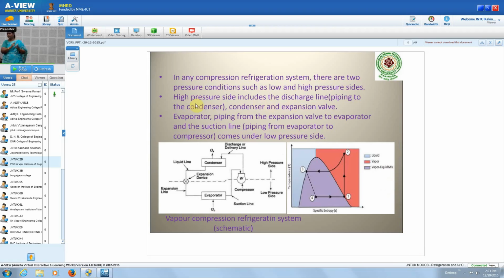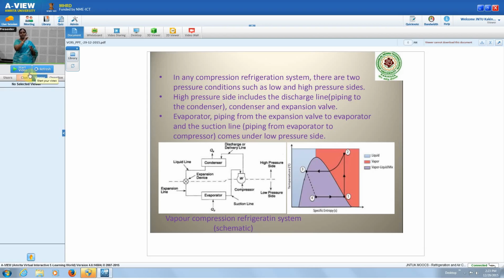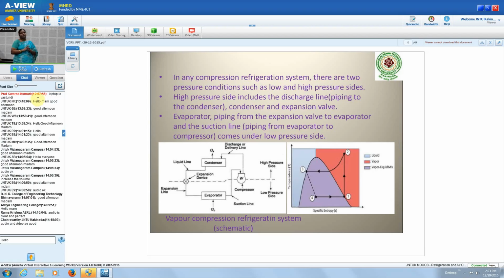So wet compression means that 1 to 2 is within the curve only. Dry compression means the refrigerant should be in the saturated vapor state at the suction of the compressor, and the compression takes place in the superheated condition.